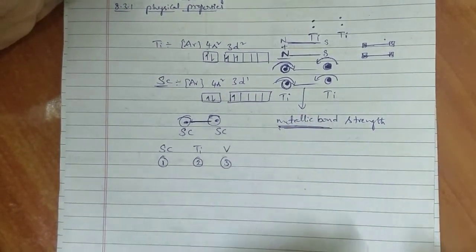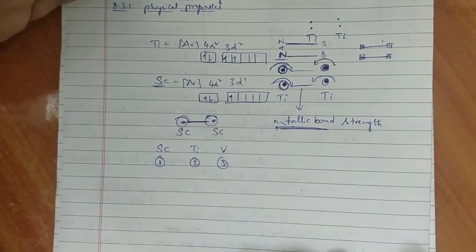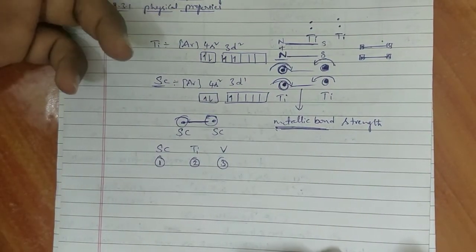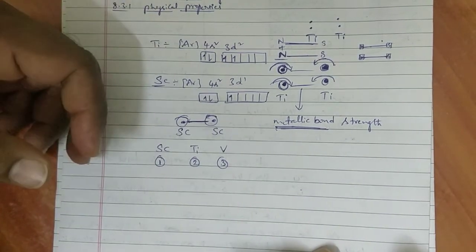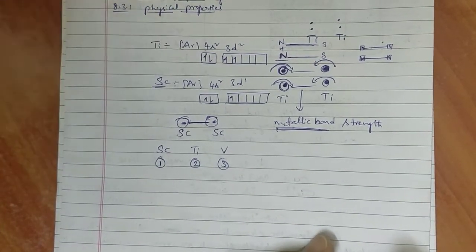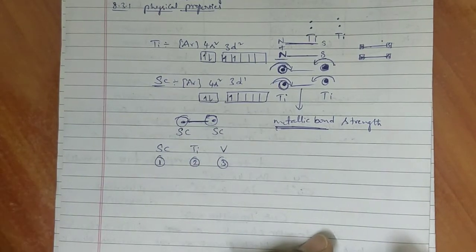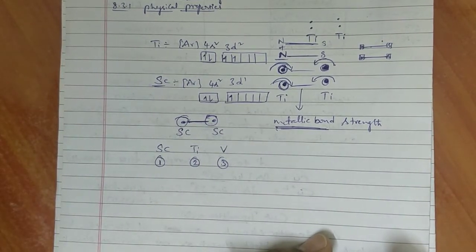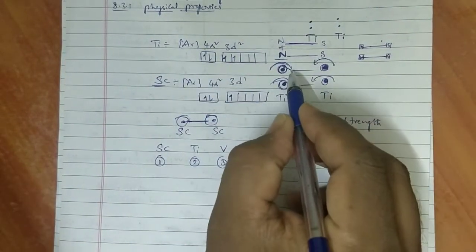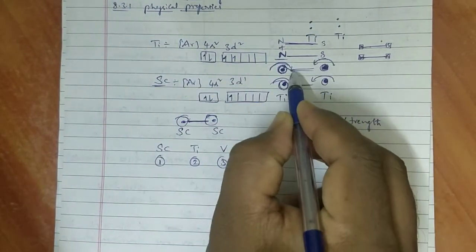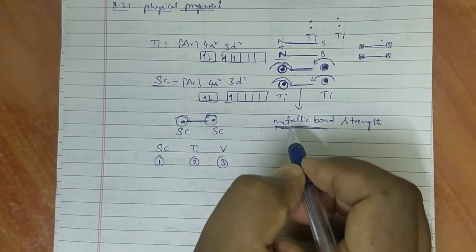Because of that, the metal gets hard and has high melting and boiling points. Generally we'll discuss melting points here because they are all solids. Automatically their melting points will be increased. This is the main reason how these melting points are related to unpaired electrons. I hope you are clear.